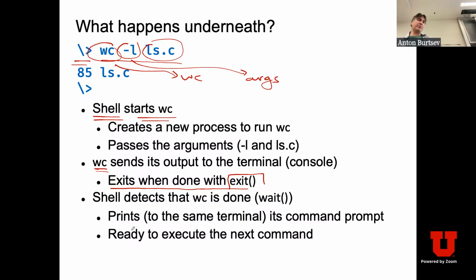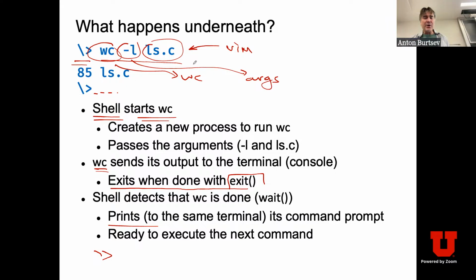And after that, we'll print the command prompt again, asking what is that next thing you want to do, right? And if you start something like a word processor, I don't know, something like Vim, well, then you will be typing in Vim for hours maybe, and then you exit and shell will ask you again, what is it you're trying to do? Like most of you did it, right? So not super hard.